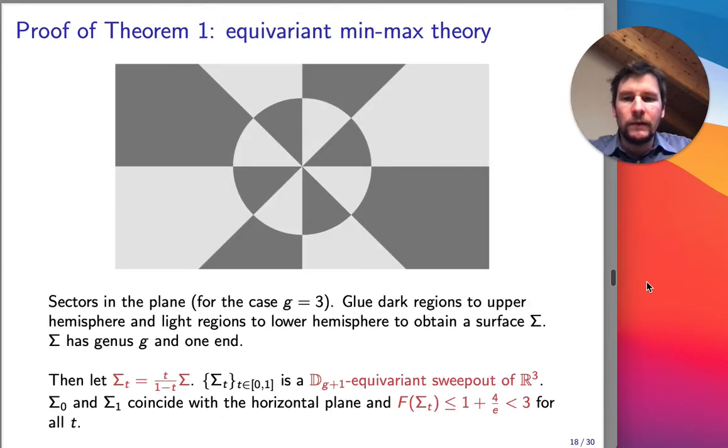So here we are working with Gaussian area. The Gaussian area of sigma_0 and of sigma_1 is 1 because it's just a plane. Okay, and then in between, the Gaussian area for this model sweep out never goes above the area of the plane plus the area of the sphere. Remember the spheres had actually the largest area at radius 2, which was 4 over e, and then if the sphere is smaller or if the sphere is larger, then the Gaussian area is smaller than that.